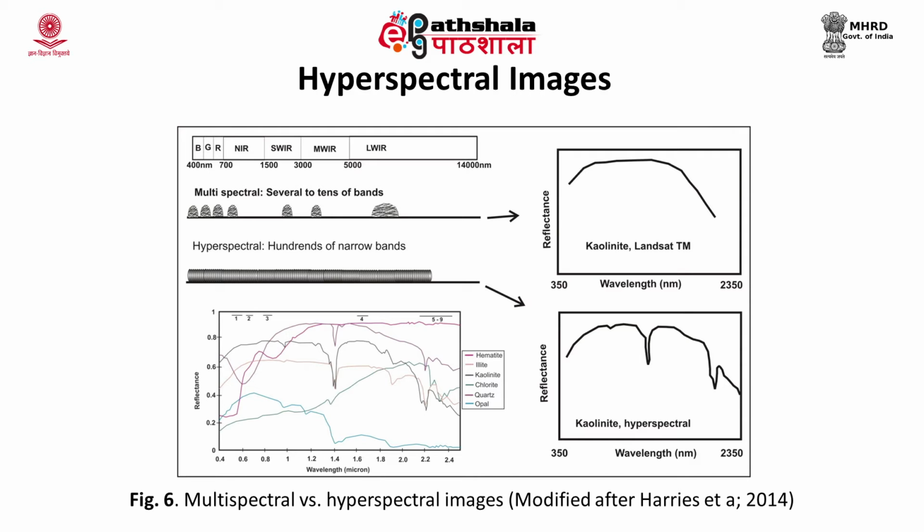In the left side down you can see hematite, ilmenite, kaolinite, chlorite, quartz, opal, all plotted. This diagram we have already discussed in our previous slides. Here I have kept it only to compare how hyperspectral and multispectral can be used for mineral resource study. Go to the next.